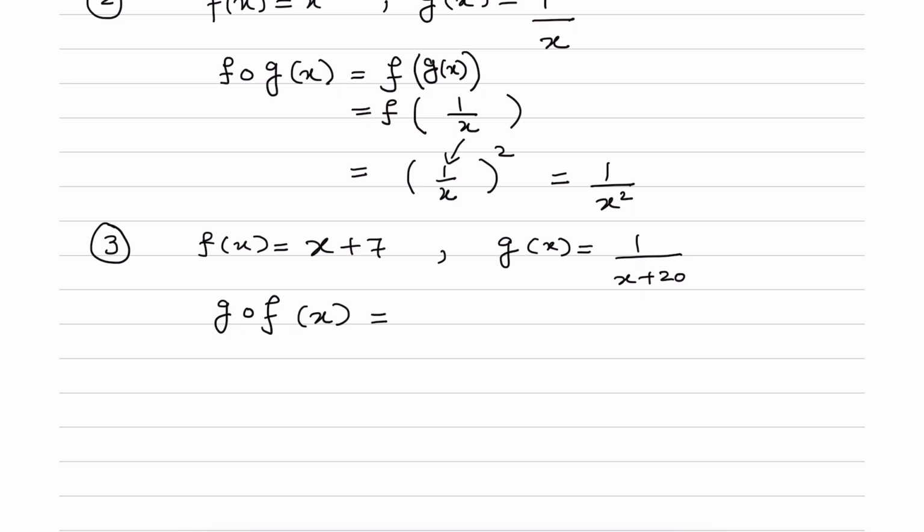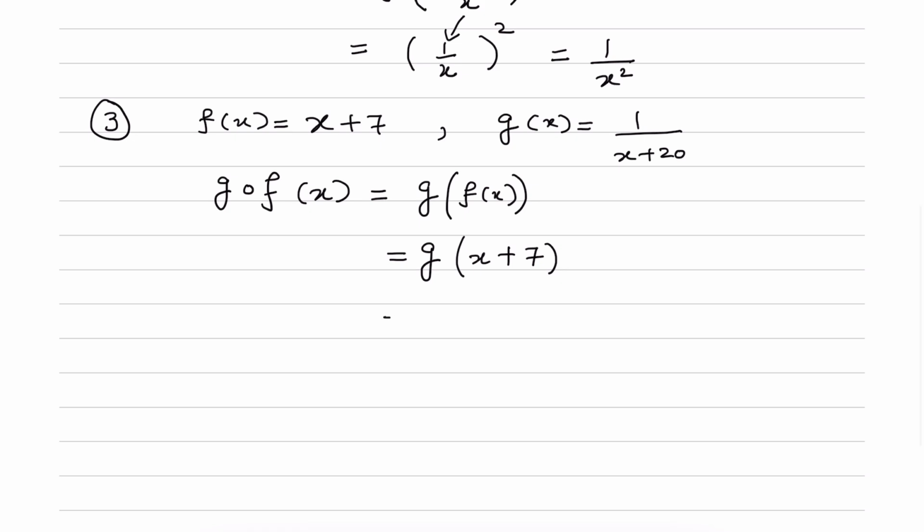First, when we open this it becomes g parenthesis, this ∘ is changed into parenthesis, and the inside function. First you deal with the inside function and then go outside. So the inside function is f of x, and f of x is defined as x plus 7.